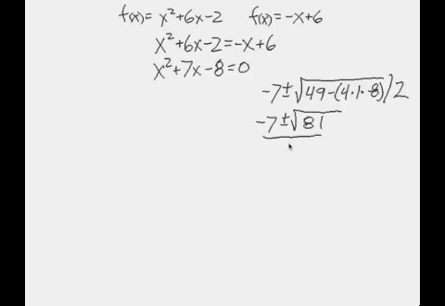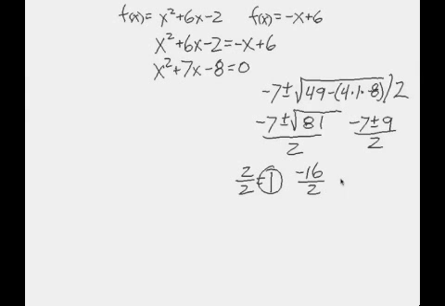All of this divided by 2. Square root of 81, that's perfect square, so that's just negative 7 plus or minus 9 over 2. So negative 7 plus 9 is 2. 2 over 2, but that's just 1. Negative 7 minus 9 is negative 16 over 2, but that's just negative 8.